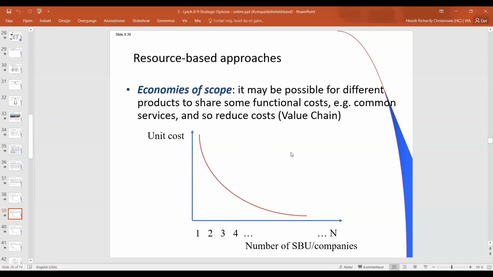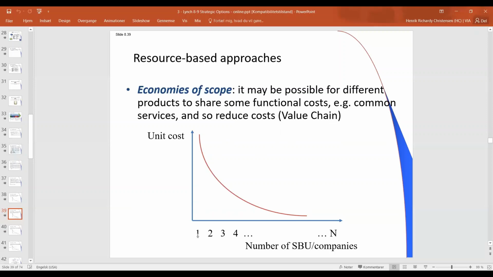And then if you have here, let's say this is Vestas, this is Lego, this is Tesla. If we have these 3 companies, they all have their own value chain. In the value chain, they all buy office supplies.